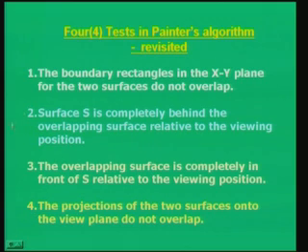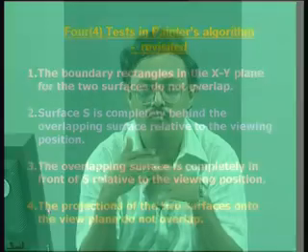This test number 4 is close to 1 in the sense that test 1 was comparing the bounding rectangles only, and test number 4 ensures whether the projections actually overlap on the view plane or not. So, these were the 4 tests in this order we have to keep checking, and if any one of these 4 tests is passed, then we can go ahead and render the surface S with respect to all other surfaces.